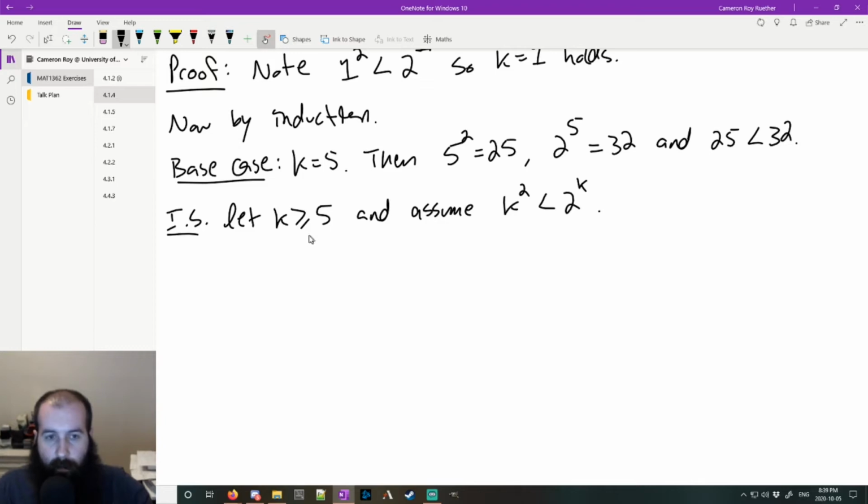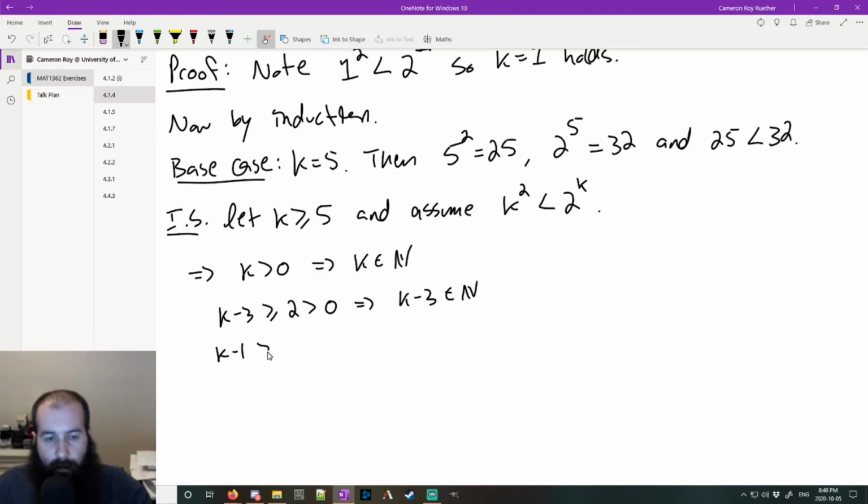Since k is greater than or equal to 5, this means that k is strictly greater than 0, which means that k is natural. It also means that k minus 3 is greater than or equal to 2, which is natural. So k minus 3 is natural. And that k minus 1 is natural.